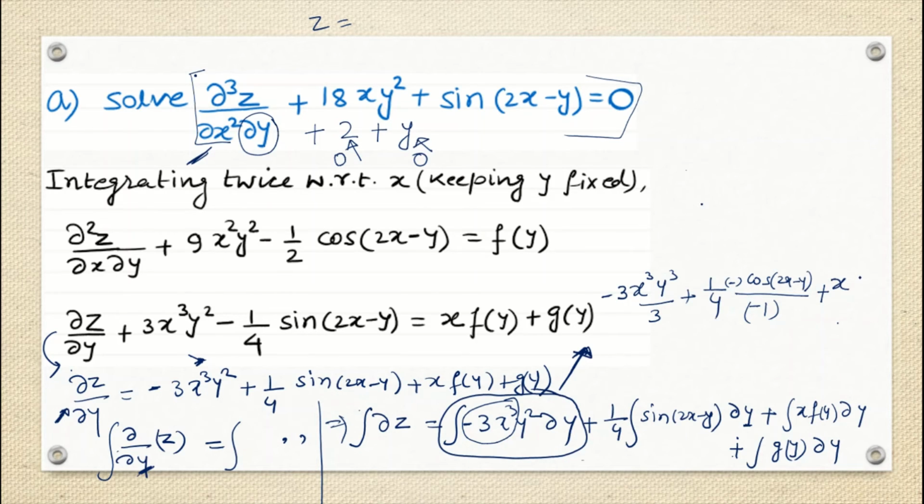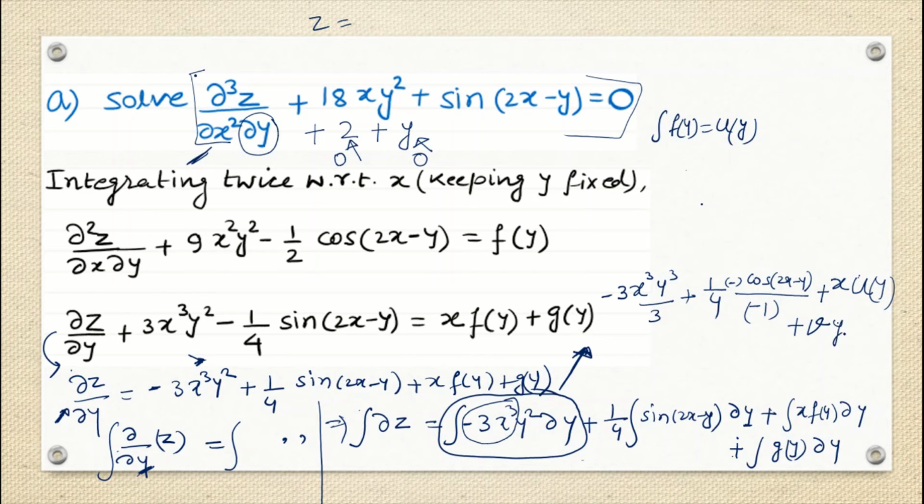I'm writing down u(y), because I'm saying that integration of f(y) is u(y), any name I'm just putting. So here it is x times u(y), plus again integration of g(y) ∂y. This is my arbitrary function. So now if I'm integrating this function, I'm writing down some other name v, so this is nothing but v(y).